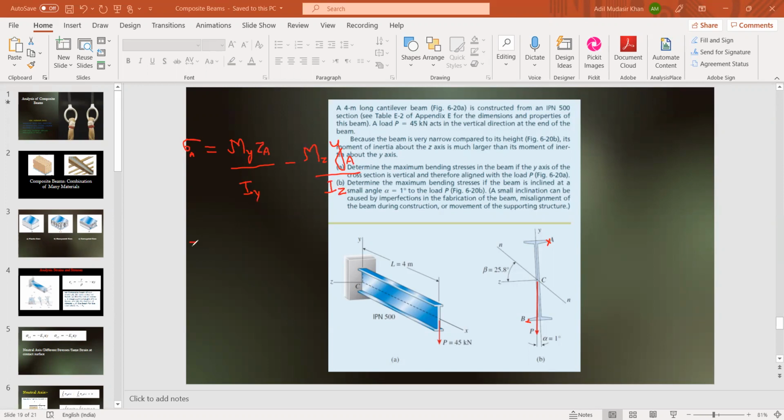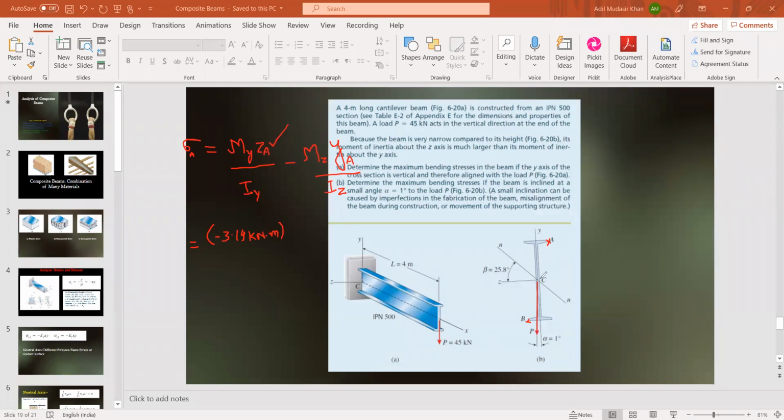Do we know the value of My? Yes, we know. The value of My is minus 3.14 kilonewton meter.